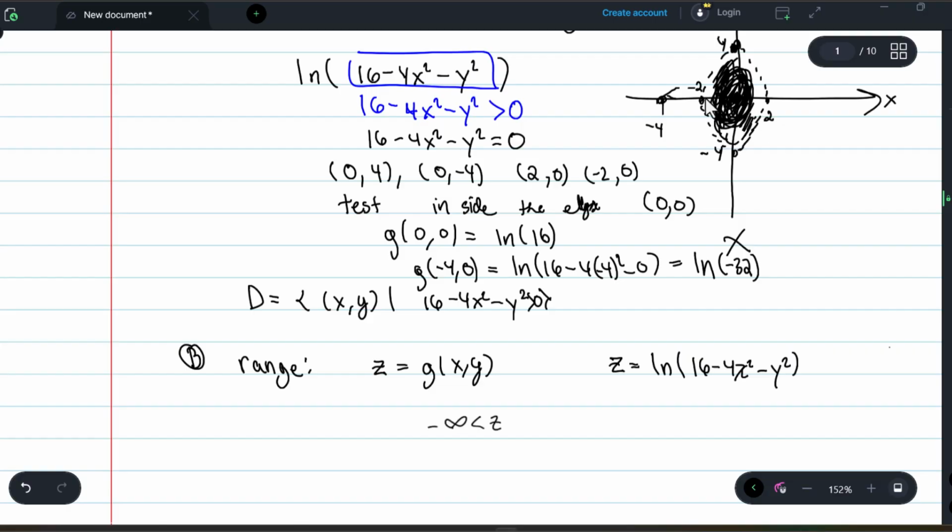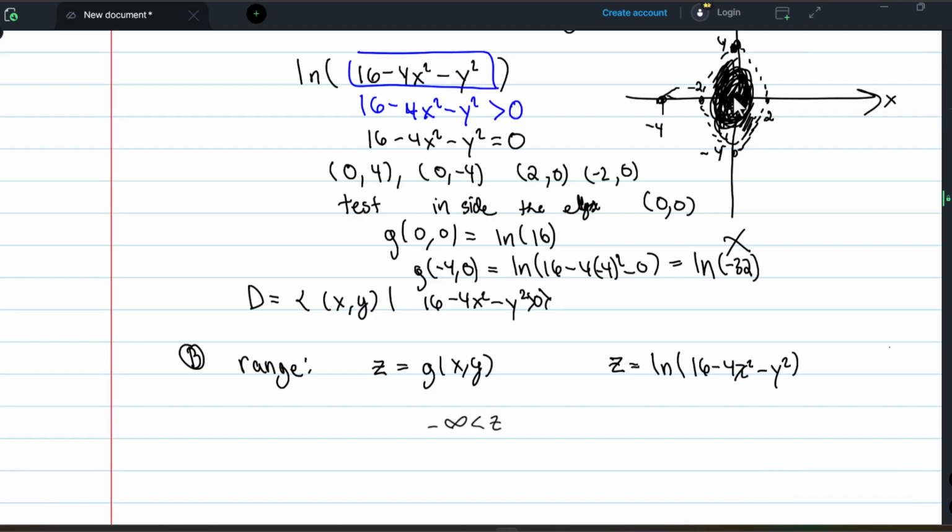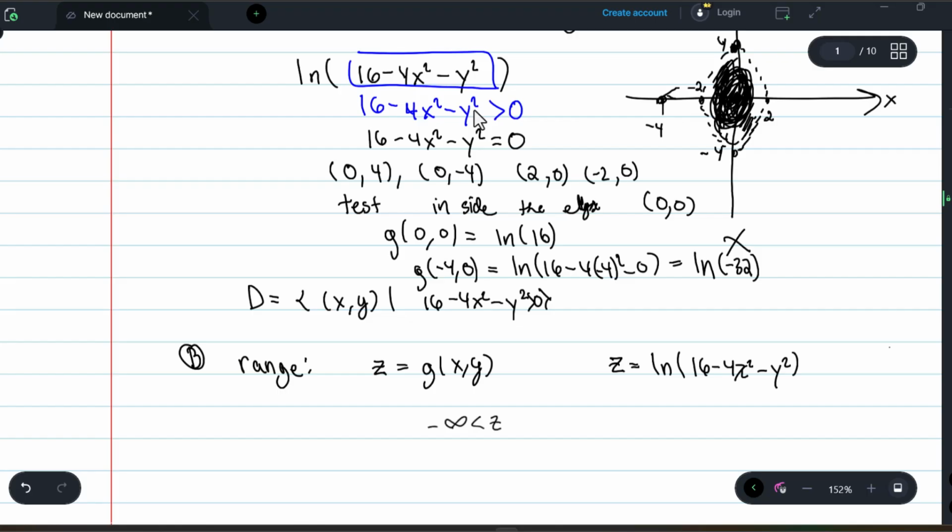But if I want to get larger and larger numbers into this blue box, I have to go closer and closer to the origin on my graph in terms of my ordered pairs. In fact, the largest number that I can get out of this expression over here is right at the origin, which happens to be 16.